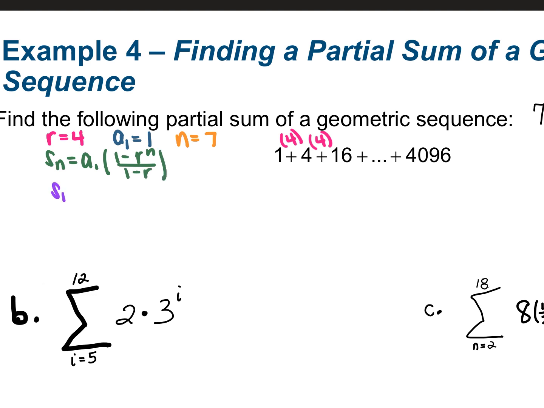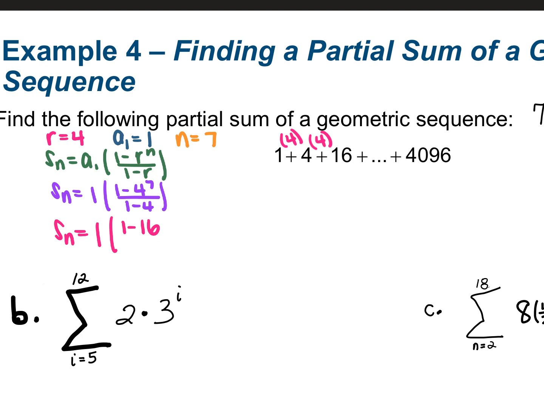Plug your values in. That's going to give us 1 times 1 minus 4 to the 7th power over 1 minus 4.